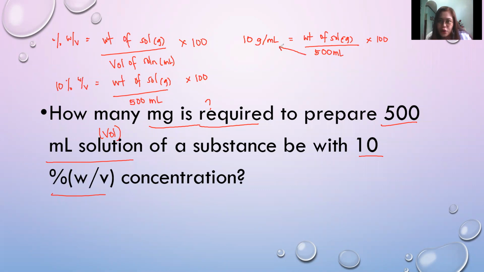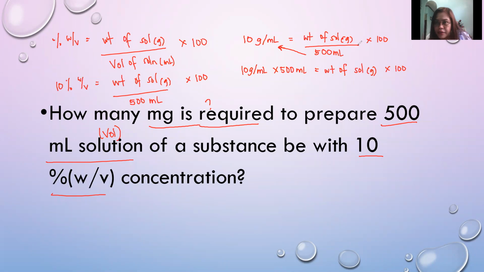Okay? So, cross-multiply, you will have 10 grams per ml times the 500 ml. On the other side, you will have the weight of your solute in grams times 100.